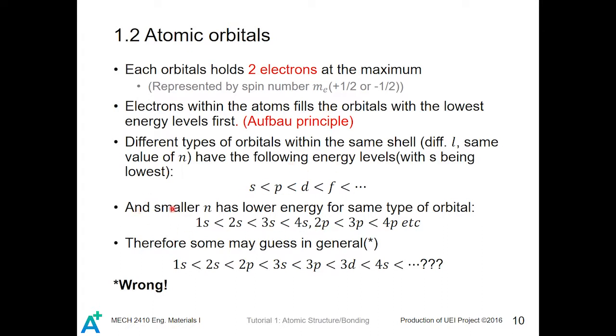And within the same type of orbital, that means the same l, smaller n's will have a lower energy. That means 1s will have a lower energy than 2s. 1 stands for the value of n, and 2 also stands for the value of n, and so on.